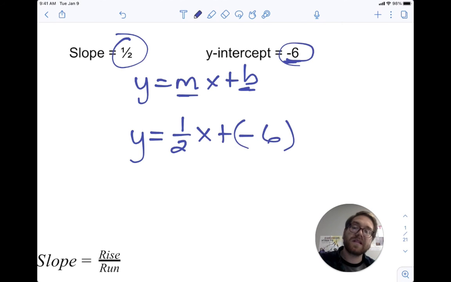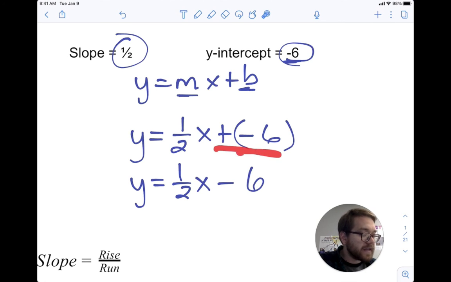I'm going to put that in parentheses to separate it out from the plus and the minus. Now here's one other thing. When it says plus a -6, I'm going to simplify that, and this is going to become minus 6, right? Because adding a negative number is the same thing as subtracting.